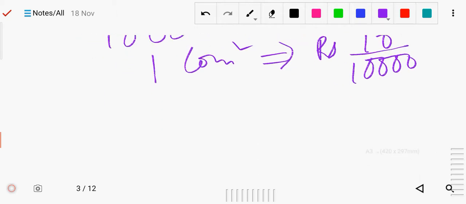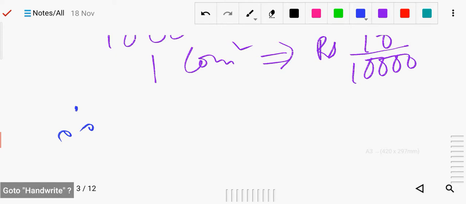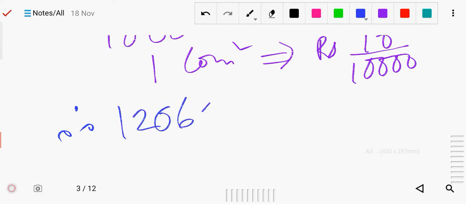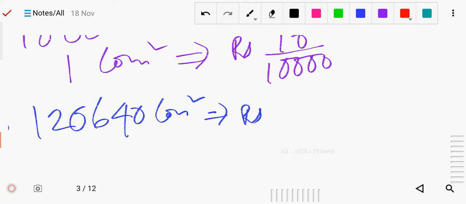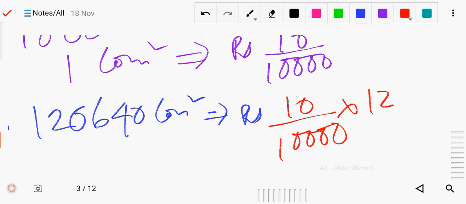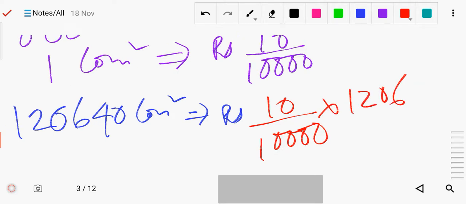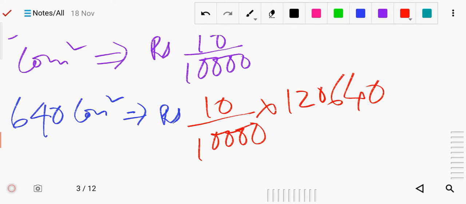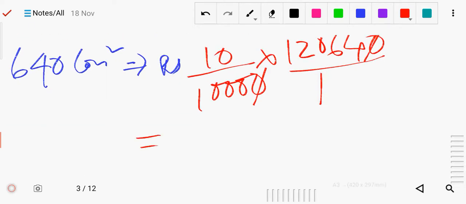Now you have to find the cost. What is the area? The total area of 20 cans we got is 120640 centimeter square. So its cost will be this multiplied by 10 by 10,000. Okay, here the zeros cancel, and this is also cancelled.